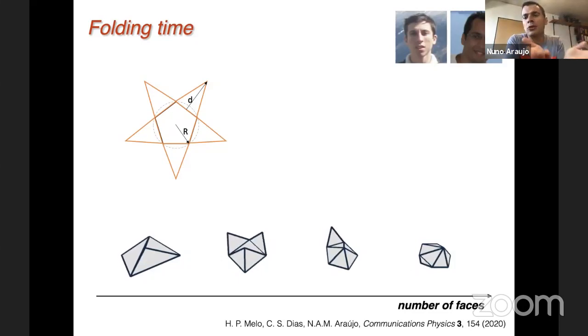By doing that, there is only one folded configuration, so our number m that we didn't know is now equal to 1. There is only one folded configuration, the pyramid. And so we raise the question: how does the folding time depend on the number of faces in this pyramid? We ran numerical simulations using the strategy that I showed you before.